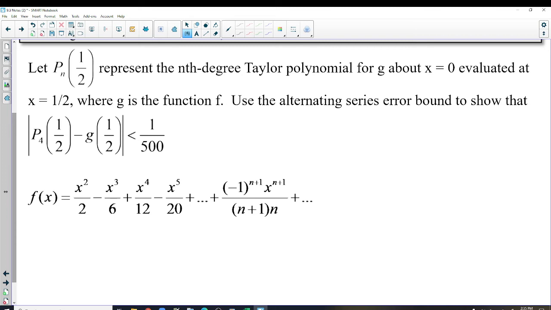Give it a try. Very easy problem if you know what to do.